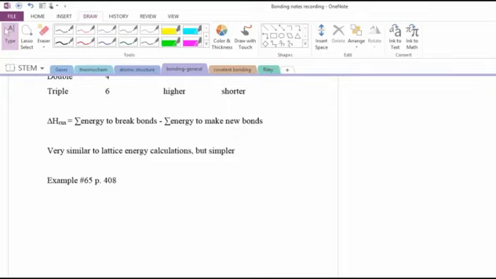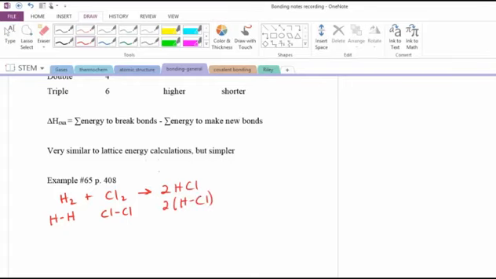And we can calculate the energy to break a bond or in a reaction with this equation. So if we look at this, H2 plus Cl2 equals 2HCl. Well, we need to know what type of bonds we have, and we have just single bonds in all of these.